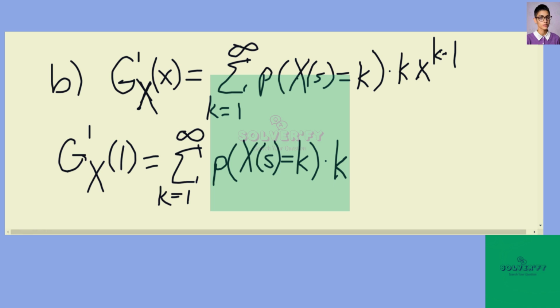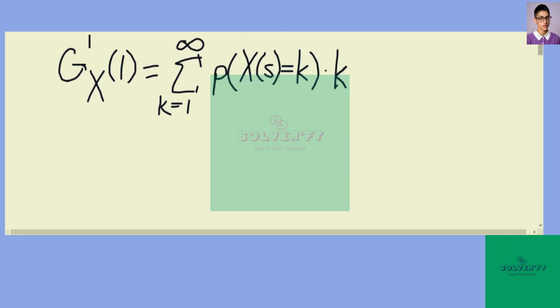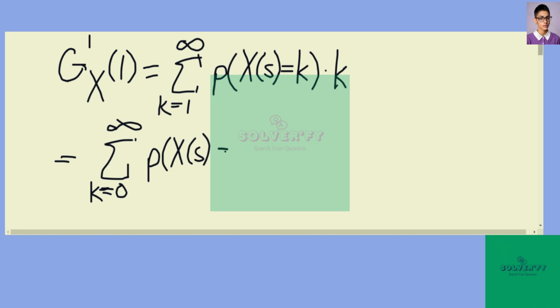If we take k to be 0, we have just the term 0, so this is the sum from k equals 0 to infinity of the probability that X(s) equals k times k. Recognize that by definition, this is the expected value of the variable X. This is what we wanted to show for part B.